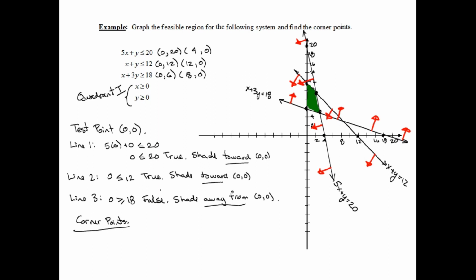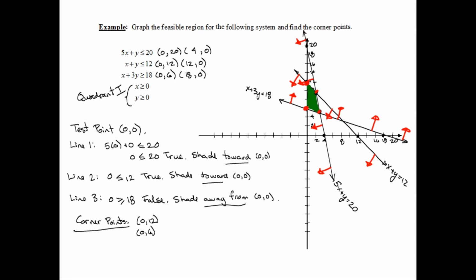Okay, we know that we have (0, 12), and we know that we have (0, 6). Do you see where I'm getting those? Right here and right here, because I know where those y-intercepts are, and so I can just write them down.